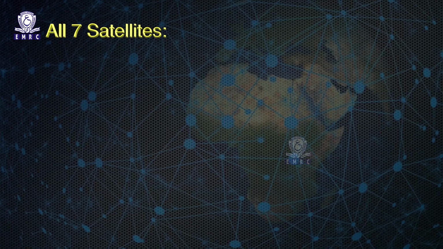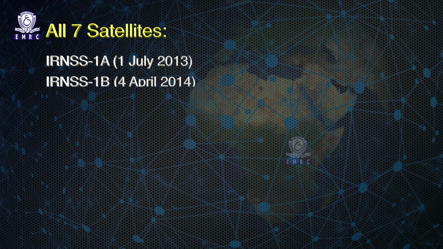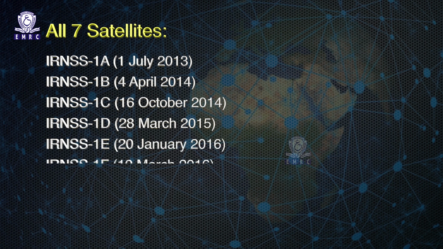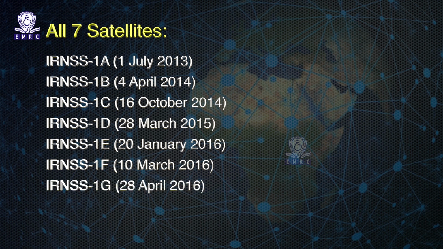All 7 satellites of the proposed constellation were launched from Satish Dhawan Space Centre: IRNSS 1A on 1st July 2013, IRNSS 1B on 4th April 2014, IRNSS 1C on 16th October 2014, IRNSS 1D on 28th March 2015, IRNSS 1E in January 2016, IRNSS 1F on 10th March 2016 and IRNSS 1G on 28 April 2016.